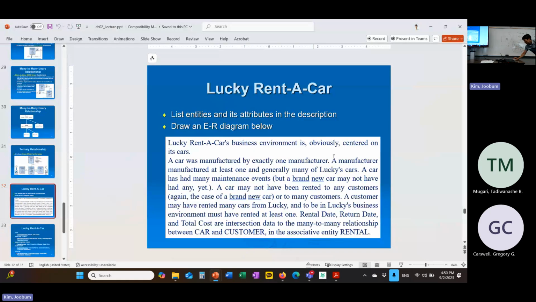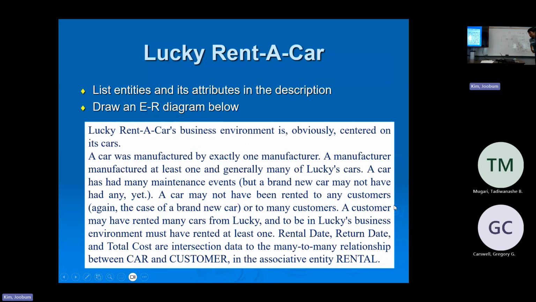Okay, so in the document there are descriptions of the Lucky rental car business environment.